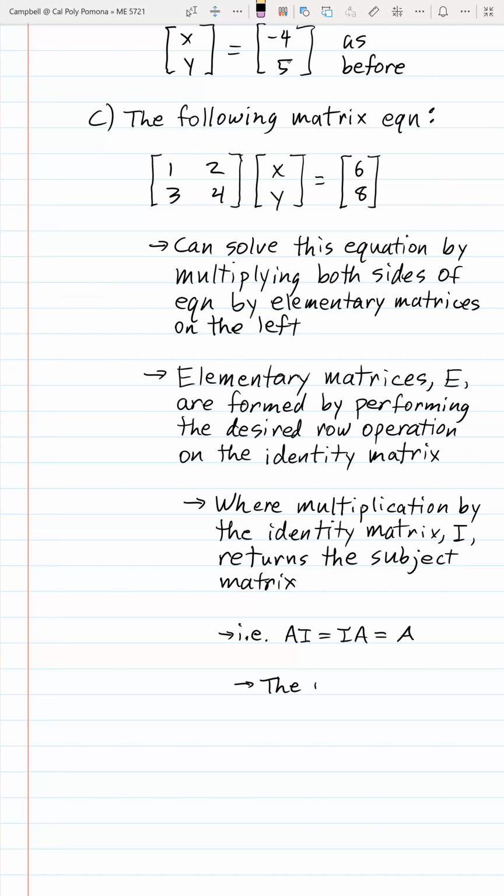So the identity matrix has the following form.